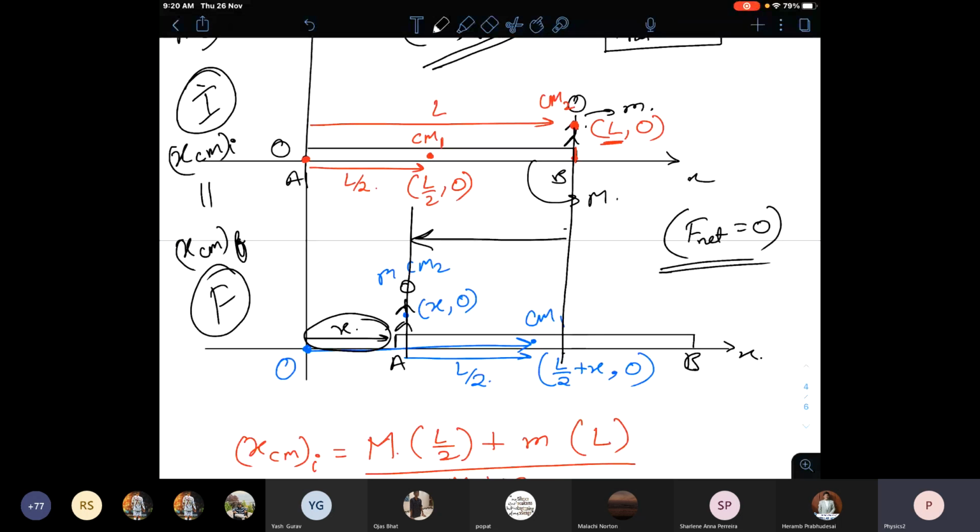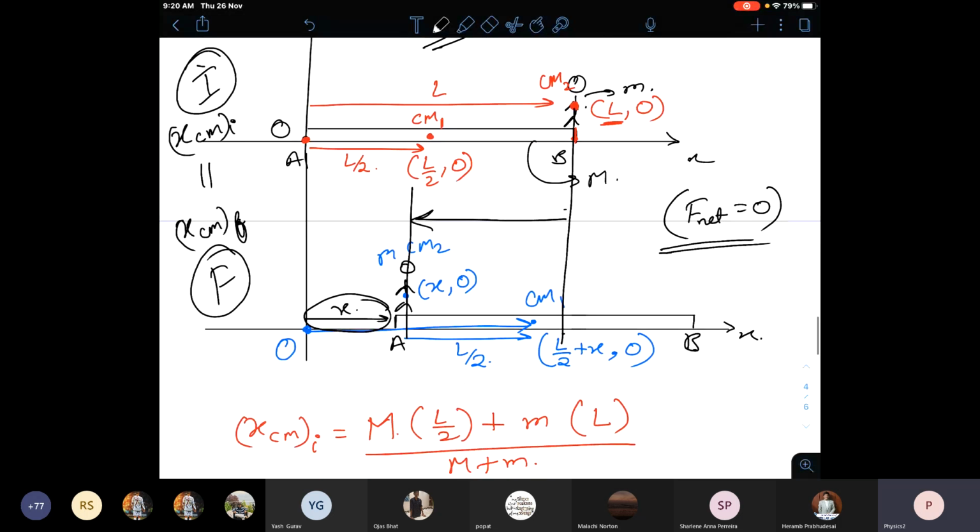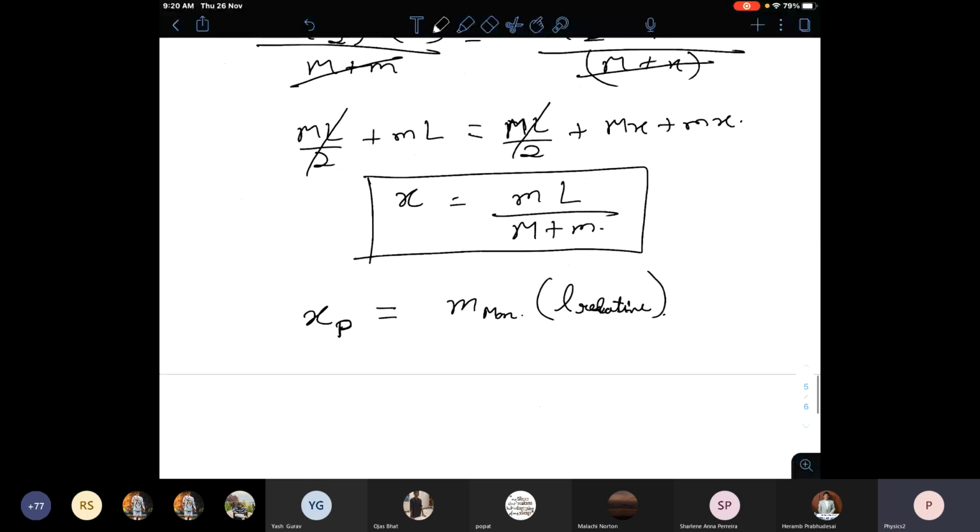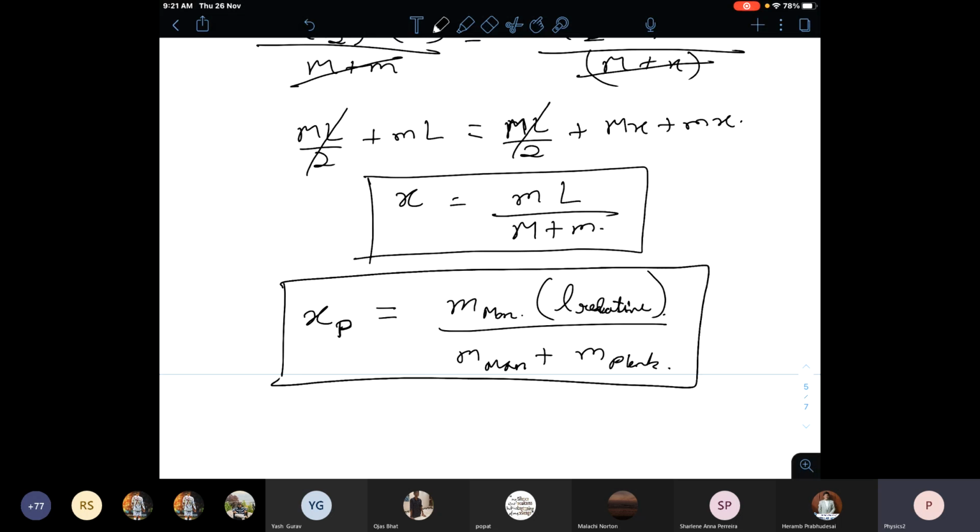So relative to the man, the distance he covered on the plank was L. That is why I have written that as L relative. This is how you understand this formula, divided by the mass of man, let's write it as small m only, plus the mass of plank.